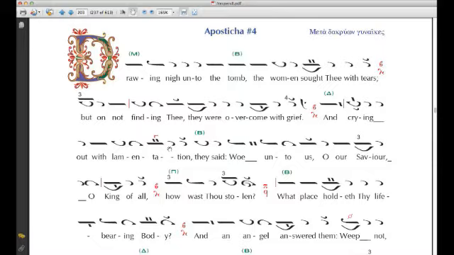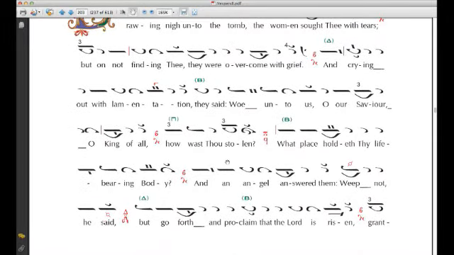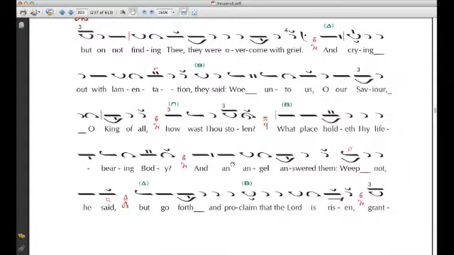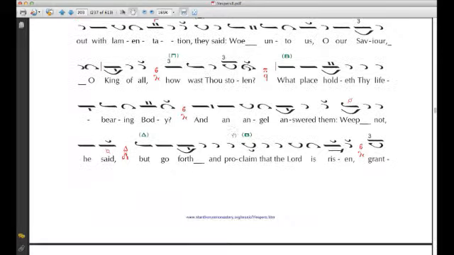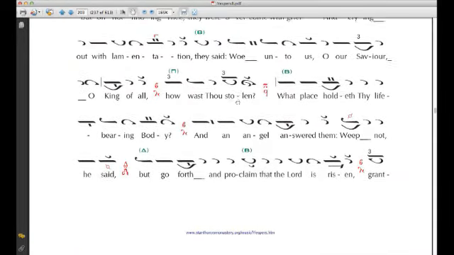What place holdeth thy life-bearing body? And an angel answered them, Weep not, he said, but go forth and proclaim that the Lord is risen, granting us joy, since he alone is merciful.